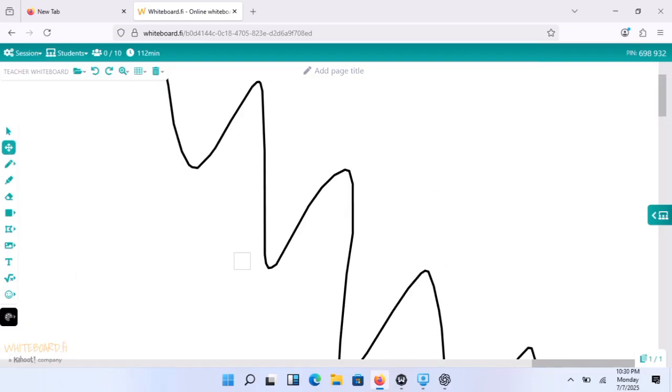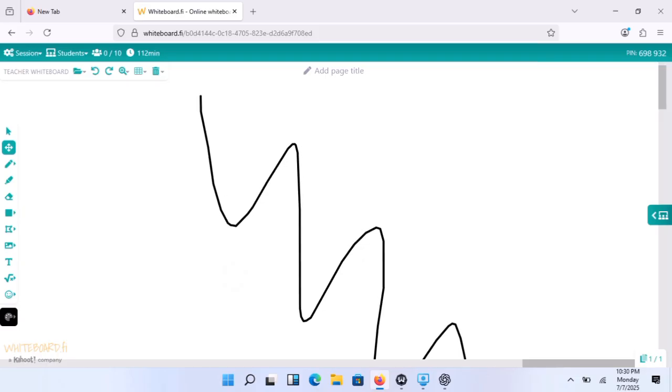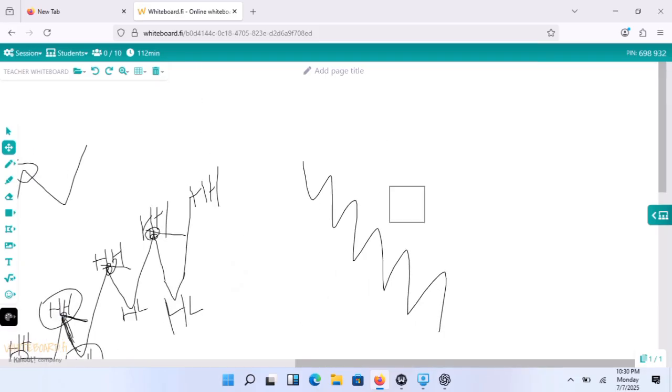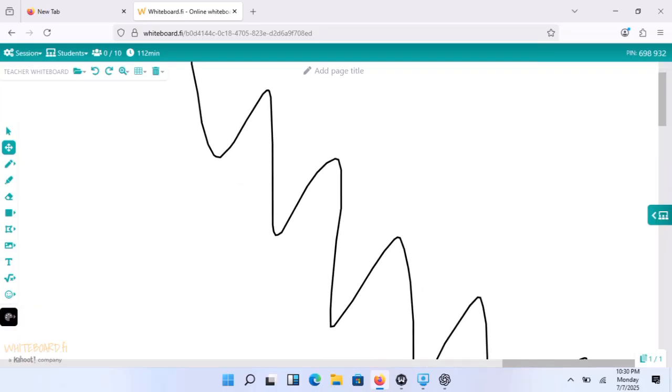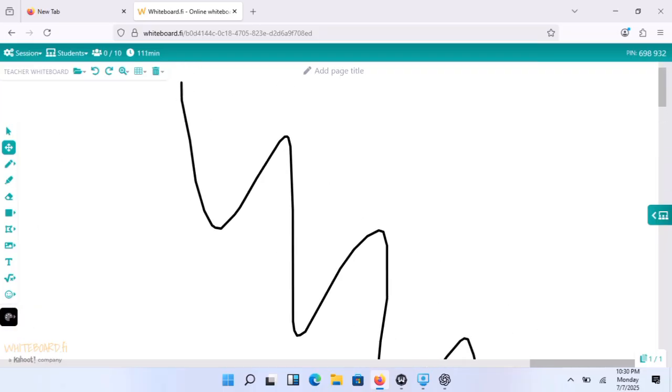Now this is the downtrend, something that is going down. Obviously, you can see that it is going down. So now, how do we mark this downtrend?